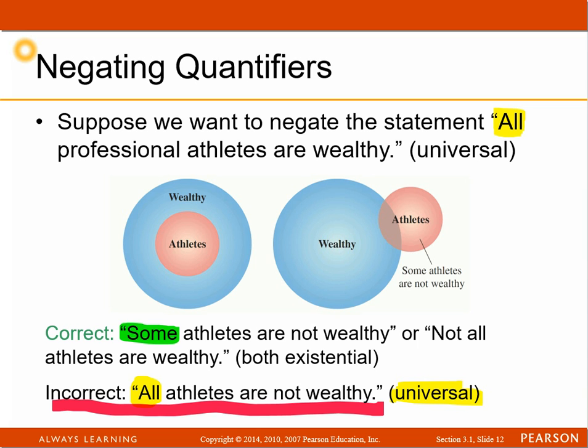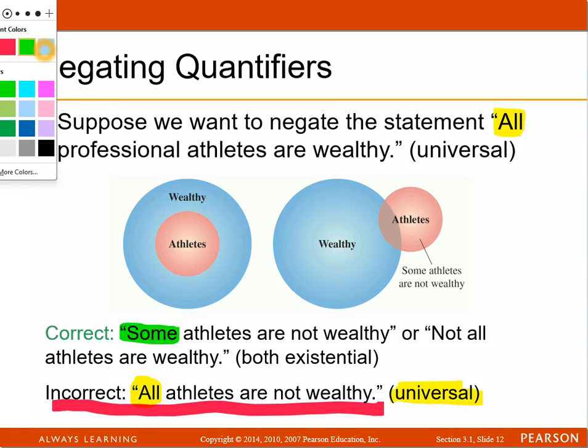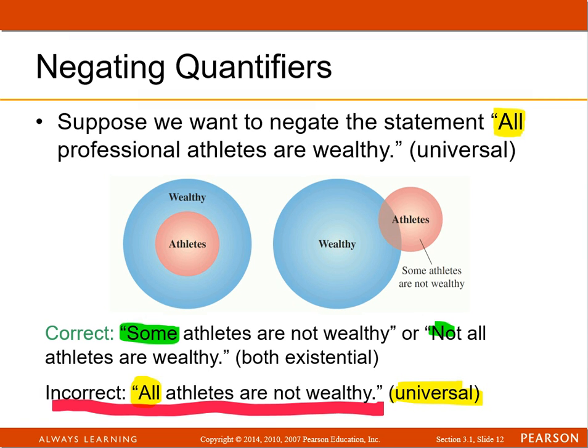If you want to use a not, you would have to put that not on the all, like saying not all athletes are wealthy. So that's negating quantifiers, not negating a statement. That's my cat, sorry, if you heard that.